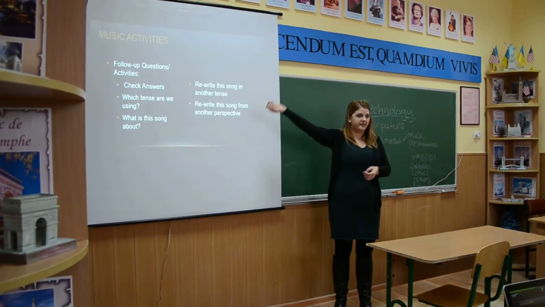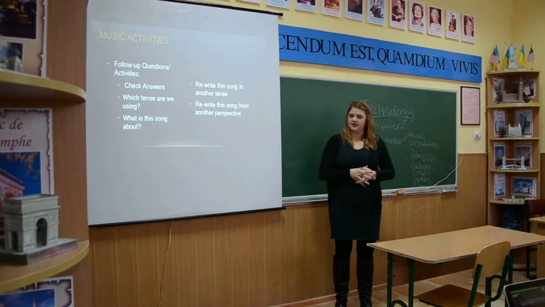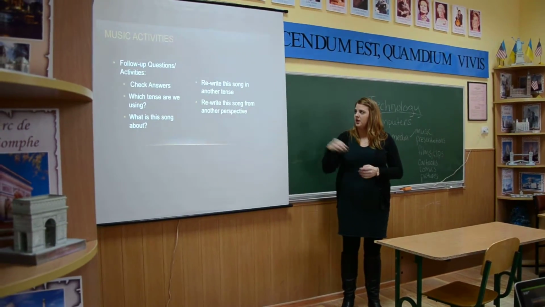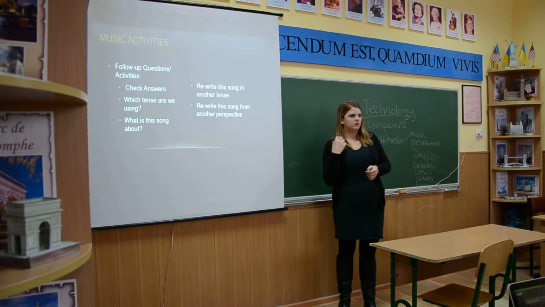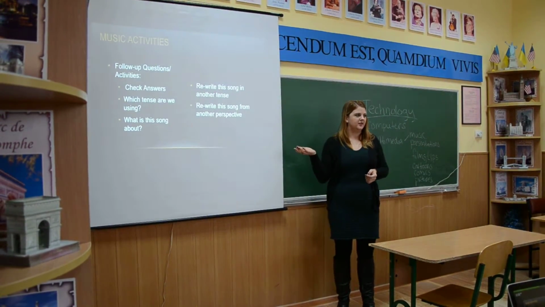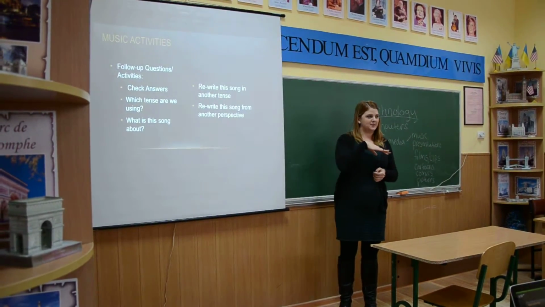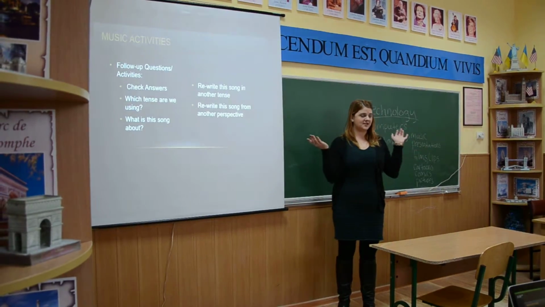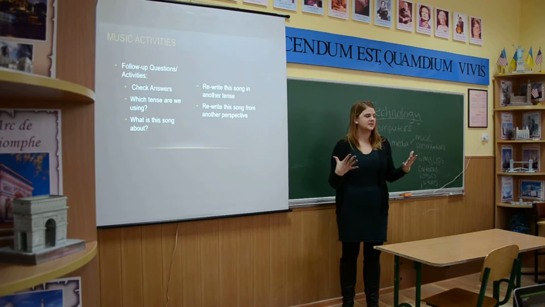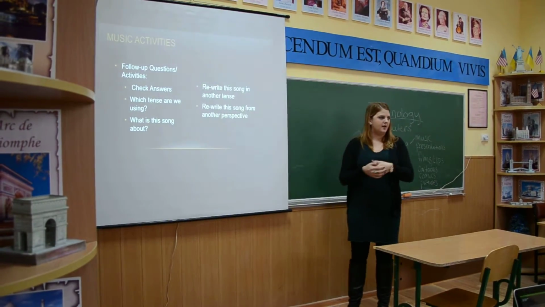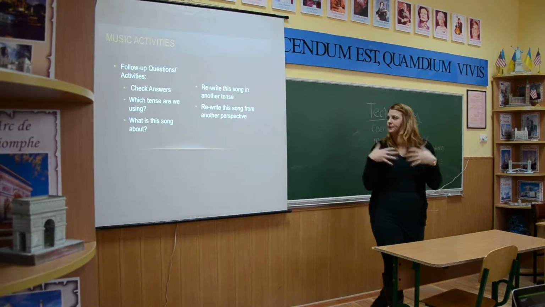Maybe rewrite it in future tense, any tense that they're interested in. And then also rewrite the song from another perspective. So maybe this song is about love. Maybe rewrite it from the man's perspective. Perhaps he's not interested in her love. So they can be creative and think of new ways to practice and think of different ideas of the song.